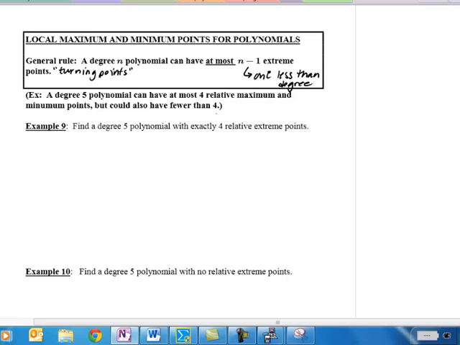So if we want to find a degree 5 polynomial with exactly 4 extreme points, this is a new kind of question for us. We are just trying to come up with a formula for a polynomial and somehow know about its extreme points. What we do know is that the formula for the polynomial is connected to its zeros, right?